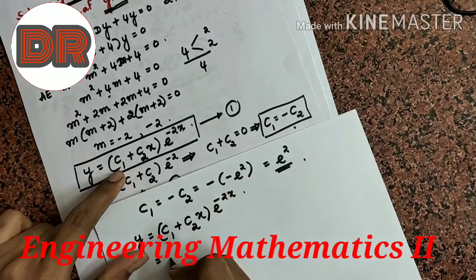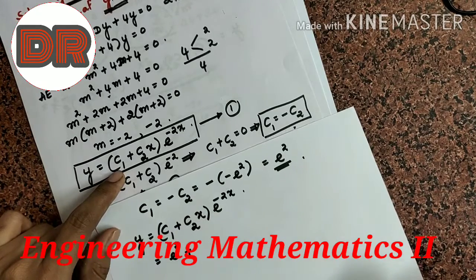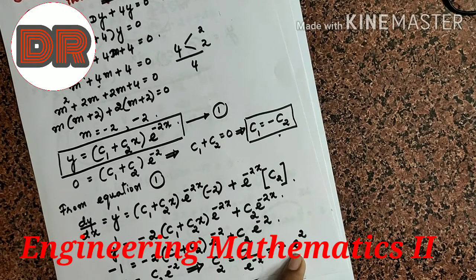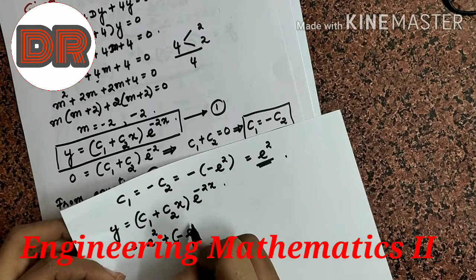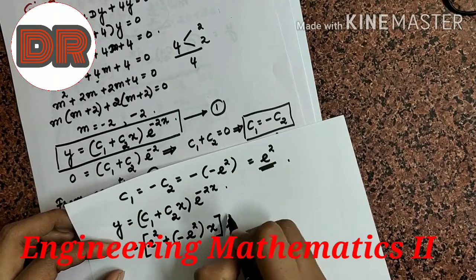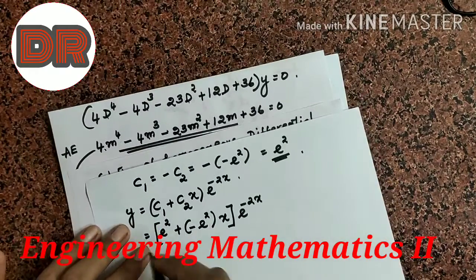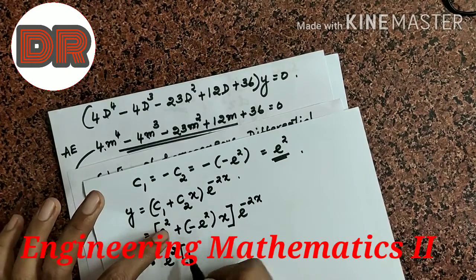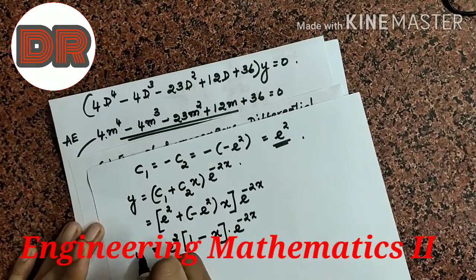So c1 is e to the power 2 plus c2 is minus e to the power 2, so minus e to the power 2 into x, whole into e to the power minus 2x. So here e to the power 2 is common, let me write this outside. So e to the power 2 into 1 minus x into e to the power minus 2x. So this is the solution.